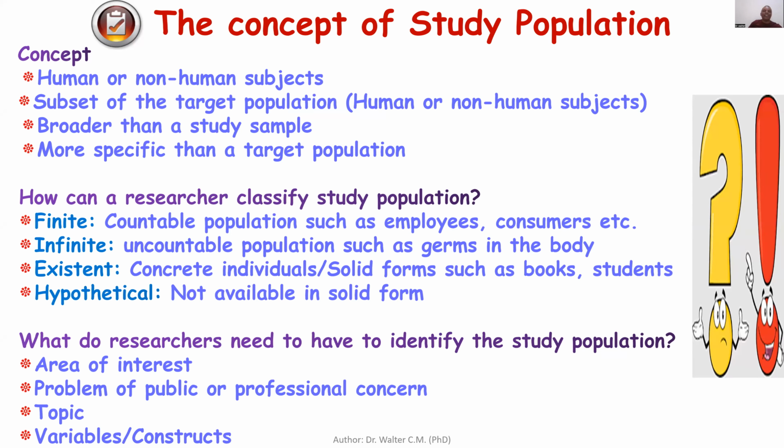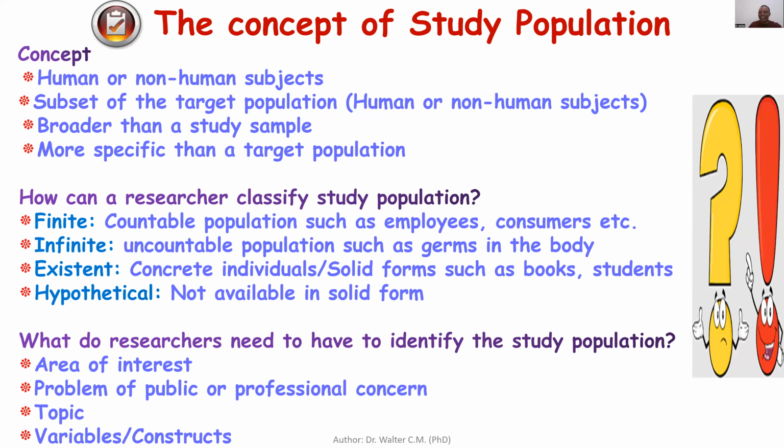And how can we as researchers classify study population? Here, as a researcher, you need to be keen enough. Sometimes we write the study population among teenage pregnancies, among teenagers, among healthcare workers, among pupils, among students, among vendors.